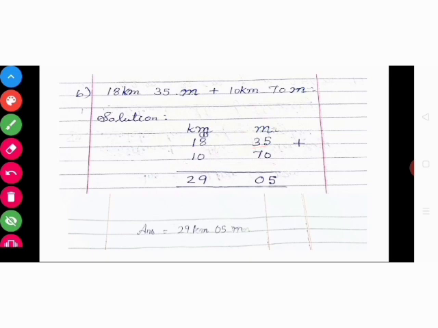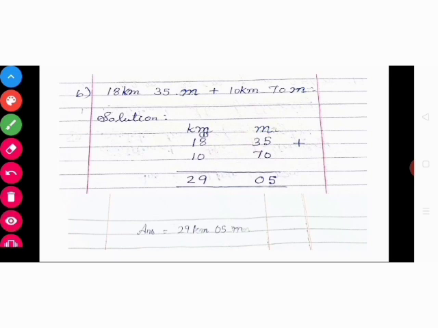Add: 5 plus 0 is 5, 3 plus 7 is 10, 0 you can write, carry over in next place. So 1 plus 8 is 9 and then 1 plus 1 is 2. Your answer is 29 kilometer 5 meter.